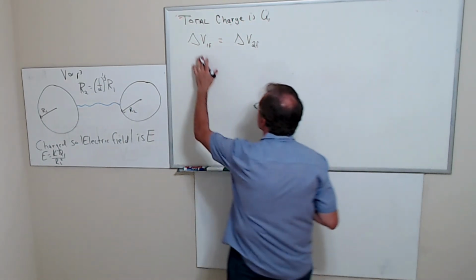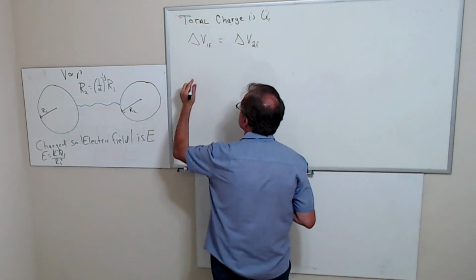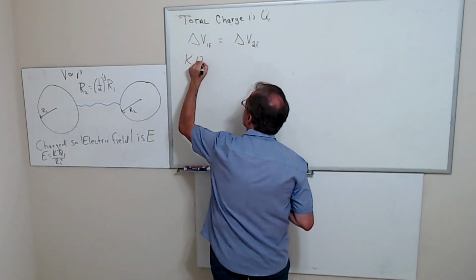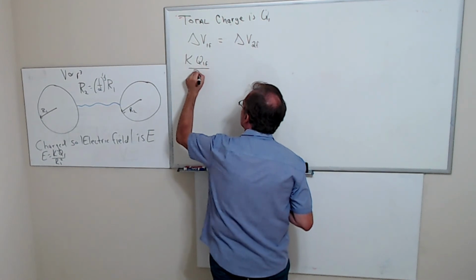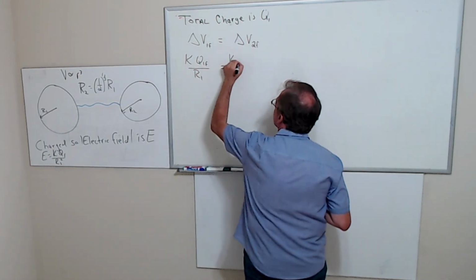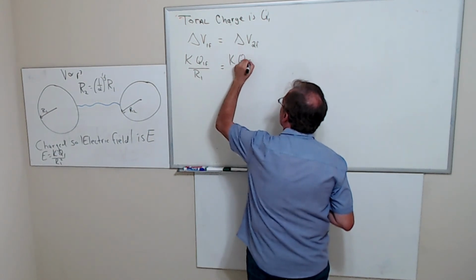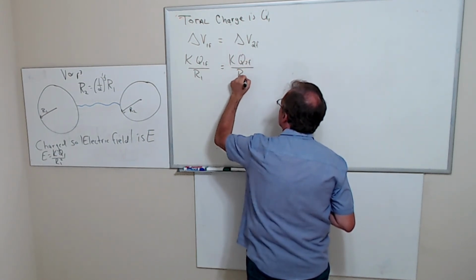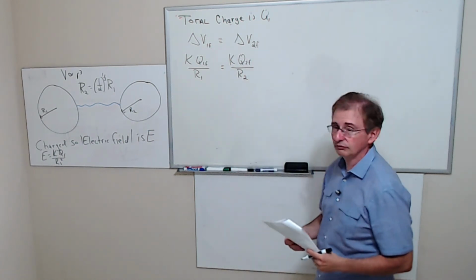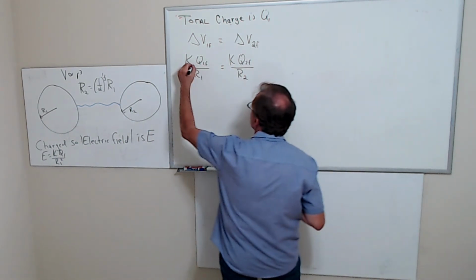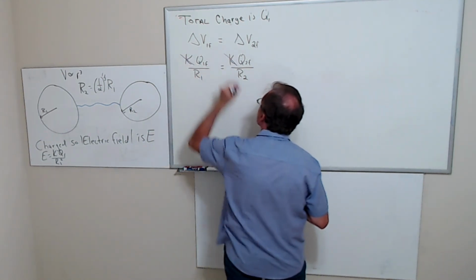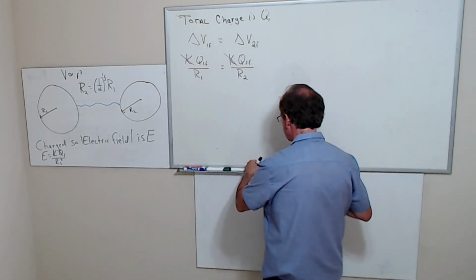Of course, we can write the potential on the surface of each of these spheres because they're conductors: K Q1 final over R1 equals K Q2 final over R2, which means Q1 final over R1 equals Q2 final over R2. So these K's can cancel, and I have that relationship.